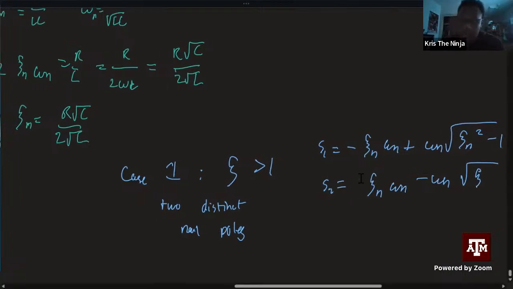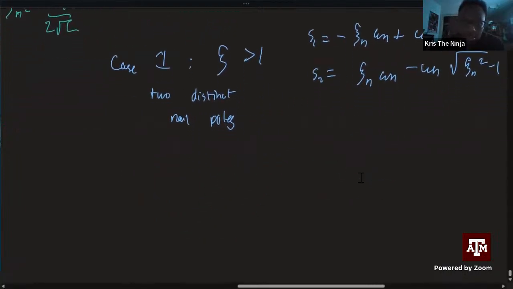Thus, the two distinct real poles make this an overdamped system.